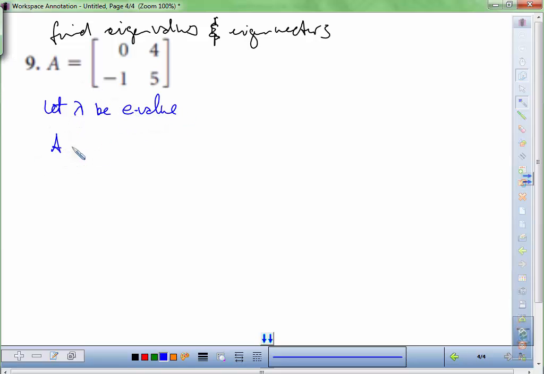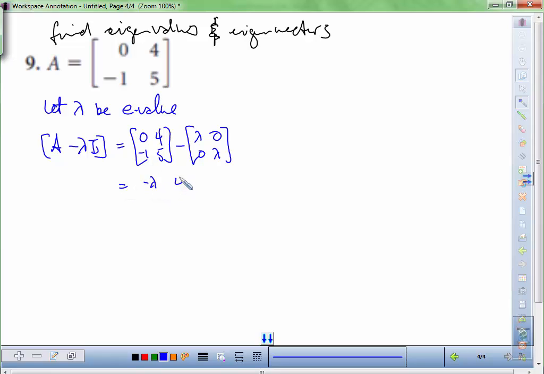So we have A minus lambda I, and that's going to equal [0, 4; -1, 5] minus [lambda, 0; 0, lambda]. And we get minus lambda, positive 4, negative 1, and we have 5 minus lambda.